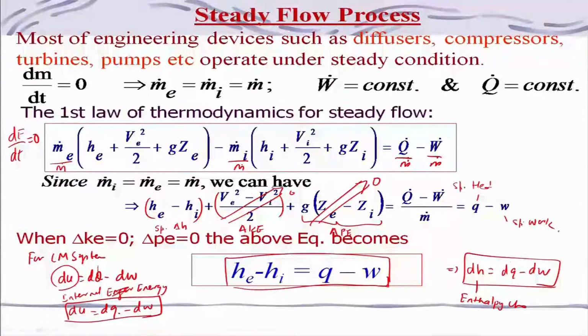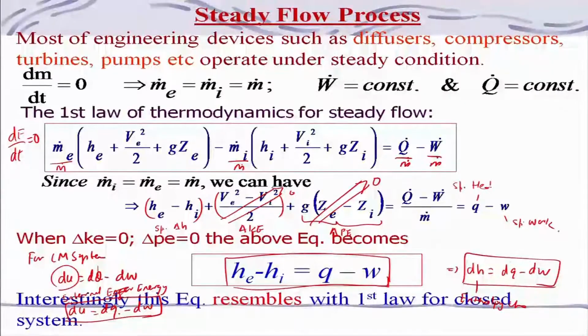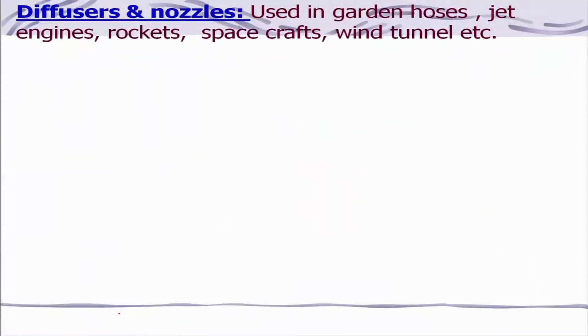Let me tell you, we are going to take an example where we need to consider the original equation, right. So, let us consider the diffusers and nozzles used in garden hoses and jet engines, rockets, spacecraft, wind tunnels.